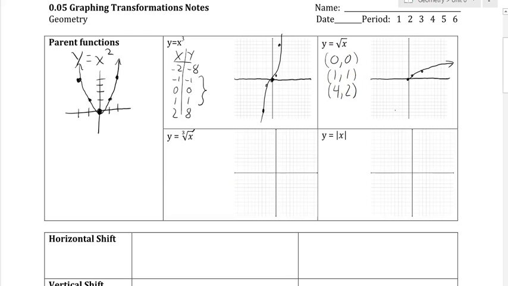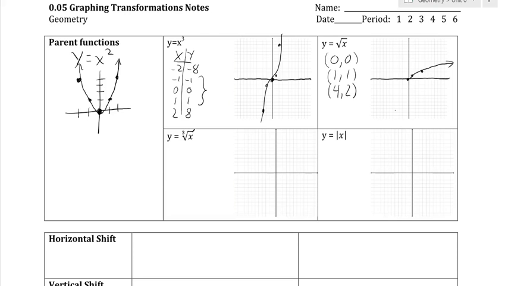So in x cubed, I made the xy table form. Here in the square root of x, I'm putting that table form in point form. The xy tables and the points are directly connected. So those are the 3 points you're going to shift around anytime you recognize that you have the square root of x as your parent function.